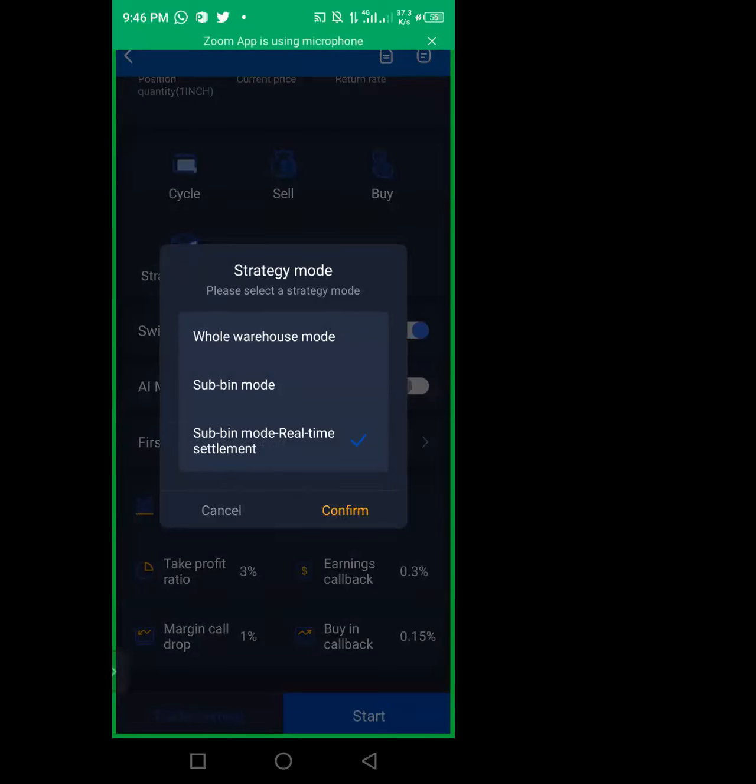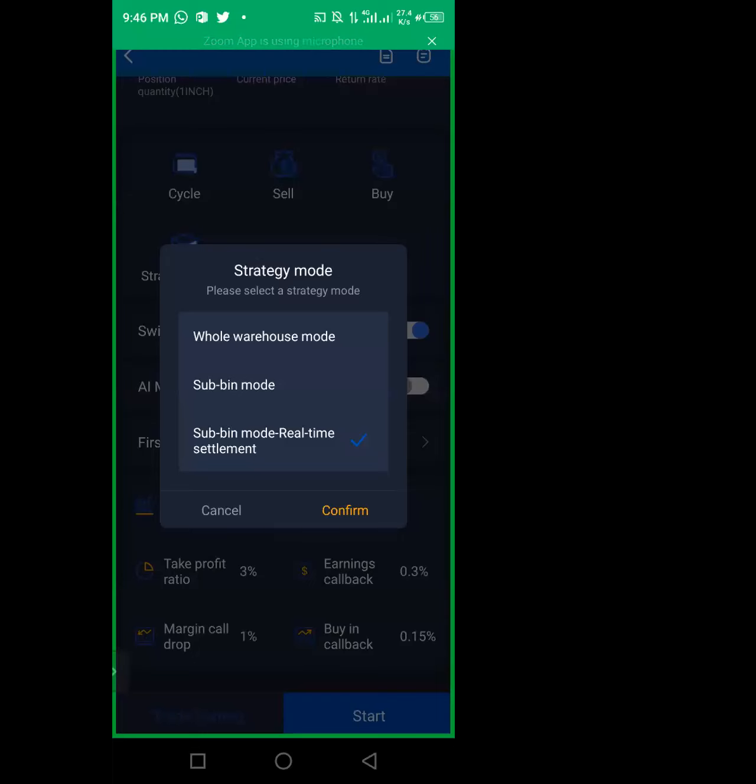If your margin call limit is not 5 or above, you cannot change your strategy mode to sub-bin real-time mode. This is the function that will make the robot make profits for you even when crypto is in the deep. This is the sub-bin real-time settlement.